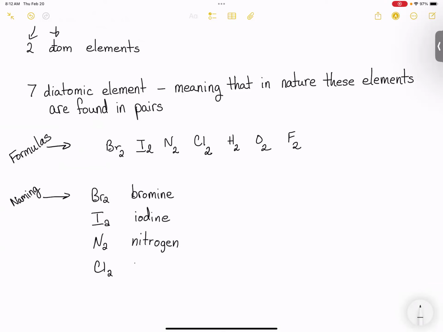Cl2 is chlorine. H2 is hydrogen. O2, oxygen. And F2 is fluorine.